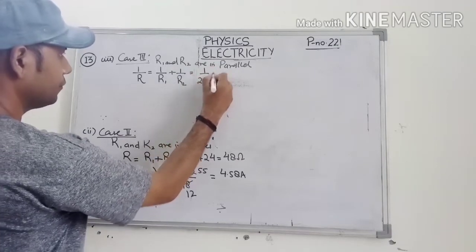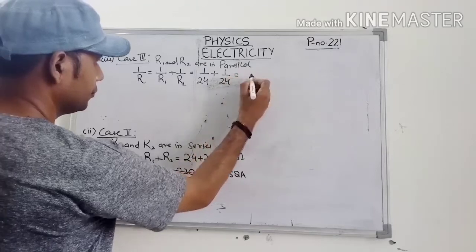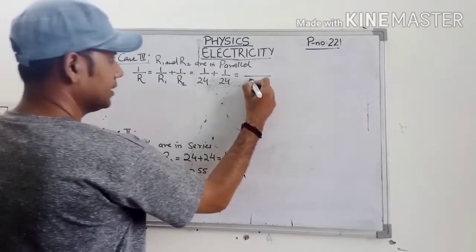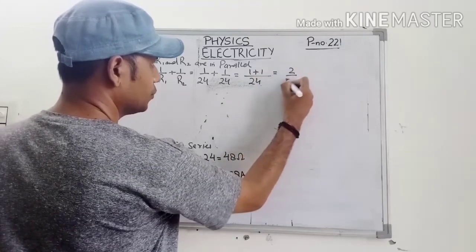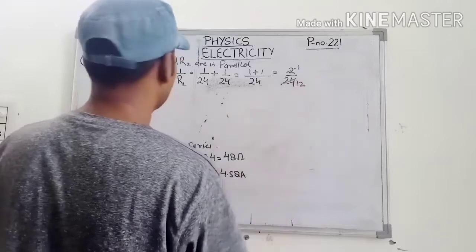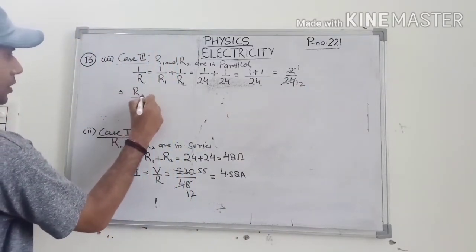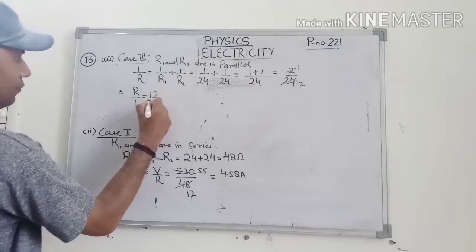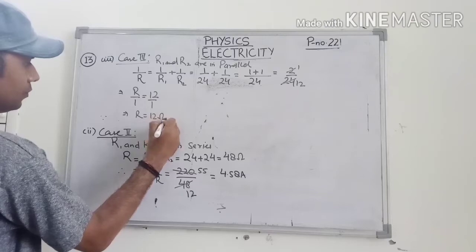R1 is 24 plus 1 upon R2 is also 24. So you will get LCM as 24 in denominator, 1 plus 1, which is 2 upon 24, dividing by 2, you will get 1 upon 12, or we can take reciprocal both the sides, you will get 12 upon 1, that is R is equal to 12 ohms.